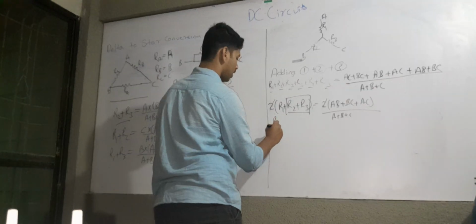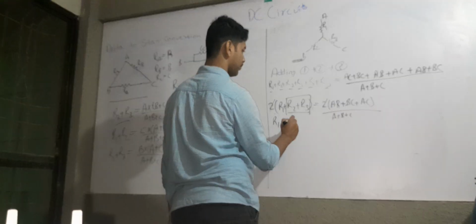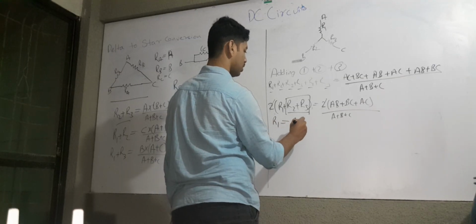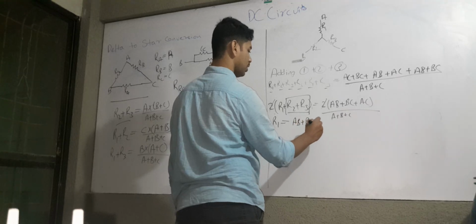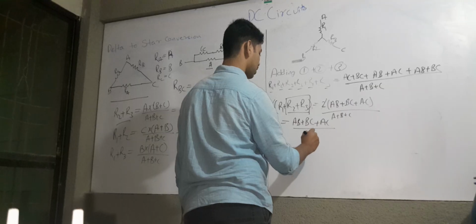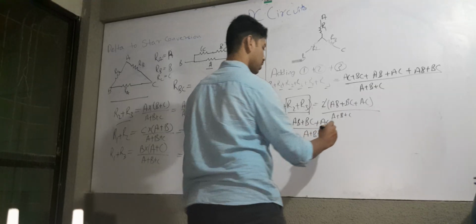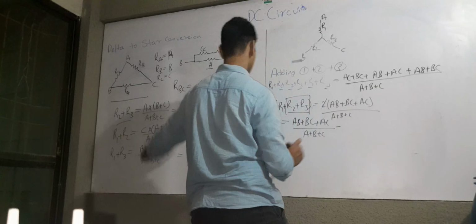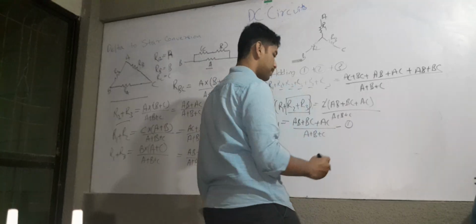So R1 is equal to AB plus BC plus AC divided by A plus B plus C minus equation 1.